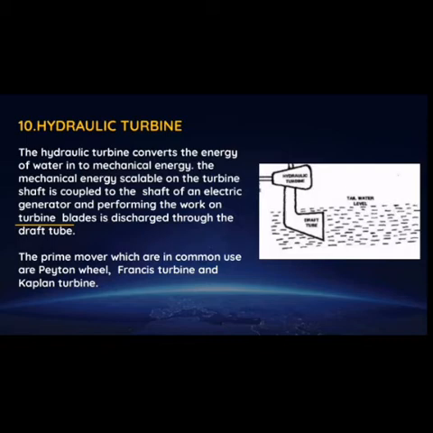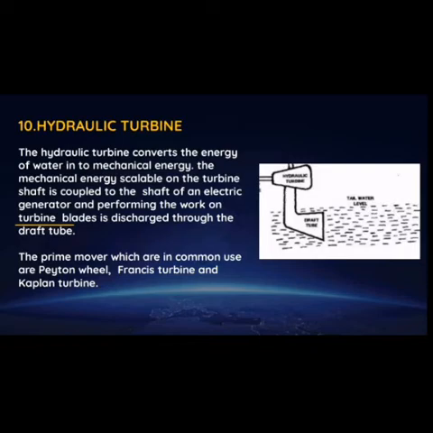So next, hydraulic turbine. The hydraulic turbine converts the energy of the water to mechanical energy. The mechanical energy is generated as the turbine shaft is coupled to the shaft of the electric generator and performing the work.